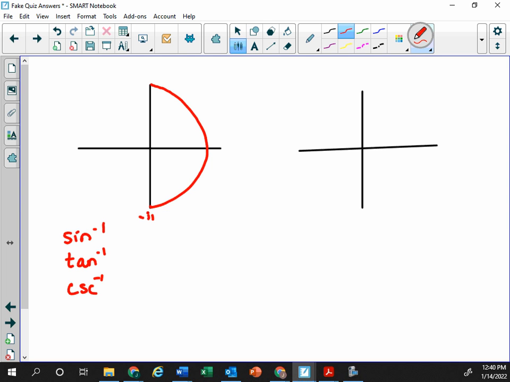And remember it went from negative pi over 2 to positive pi over 2. And then this part of the circle from 0 to pi, that's if we were doing inverse cosine, inverse cotangent, or inverse secant. Okay, remember that stuff? I know it's been a long time since we've done any of the inverses.